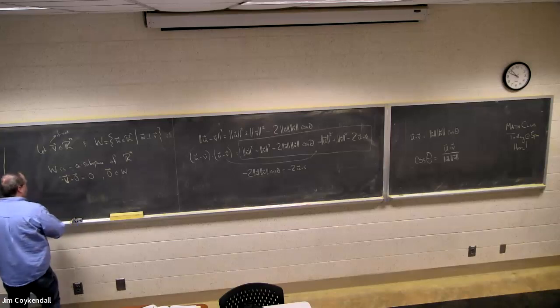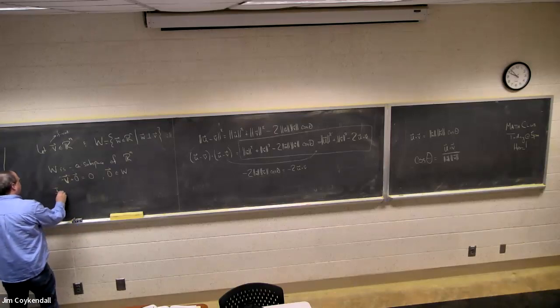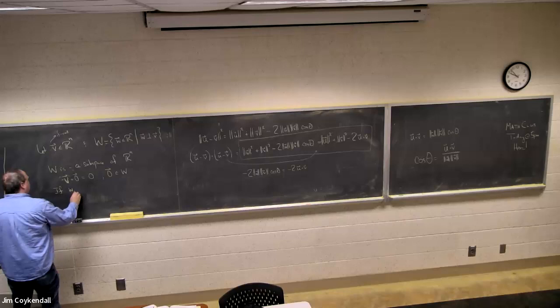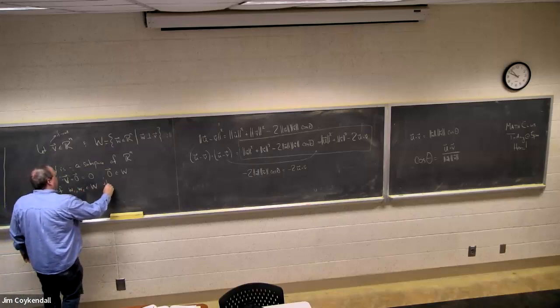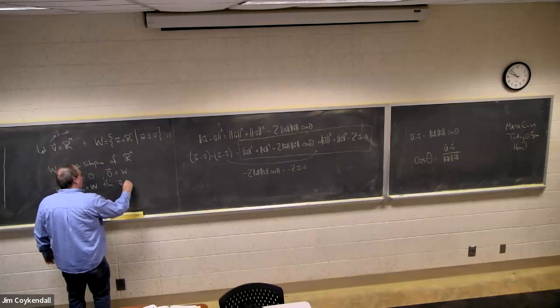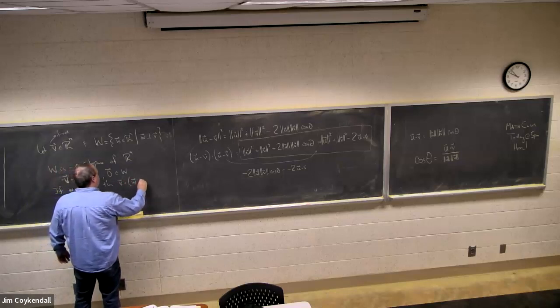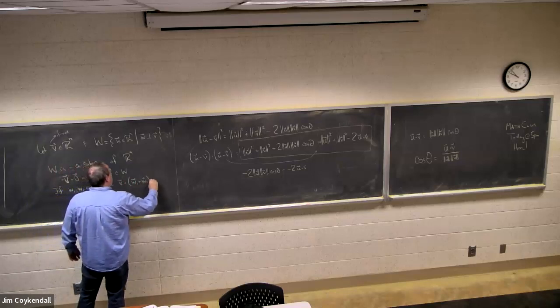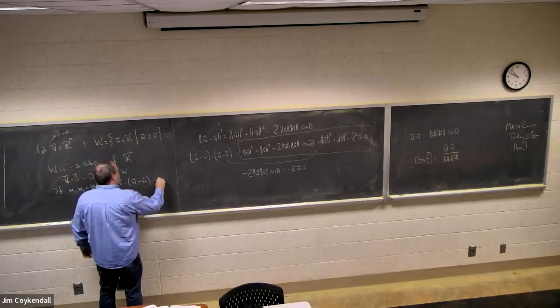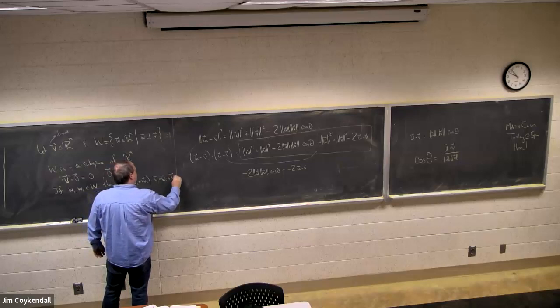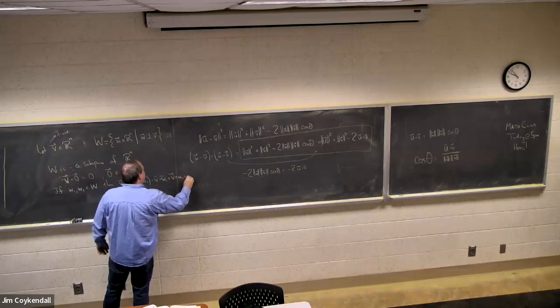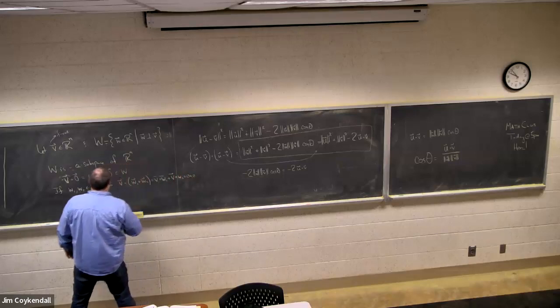You need it to be closed under addition. If w1, w2 are in W, then b dotted with w1 plus w2 is b dotted w1 plus b dotted w2, which is 0 plus 0.